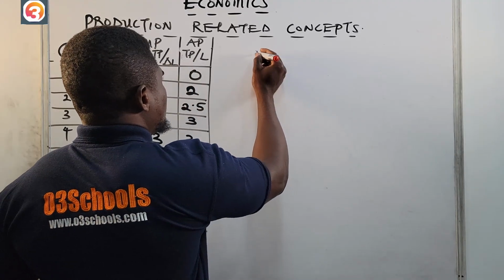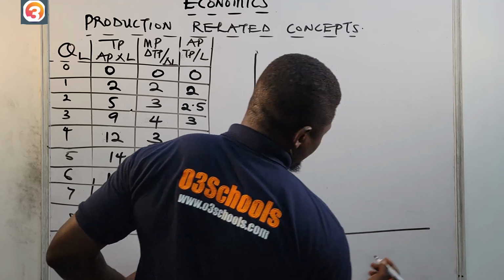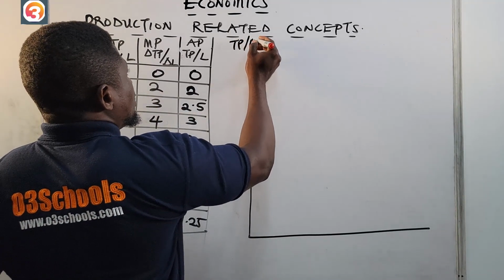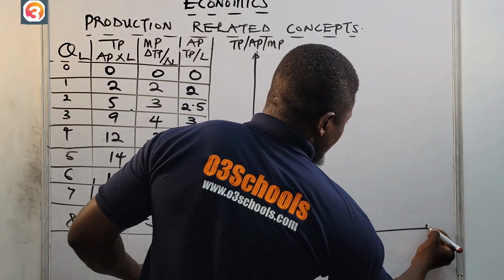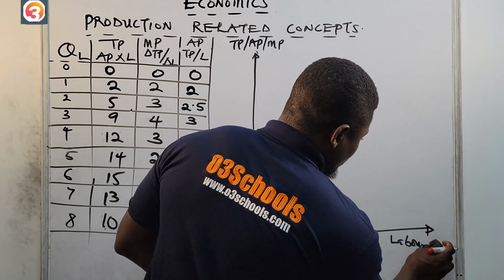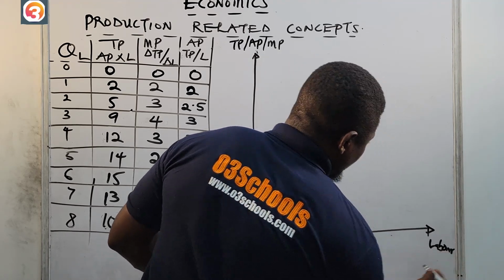We'll draw TP, AP, and MP on the y-axis. Labor is always on the x-axis. You plot labor on the x-axis.